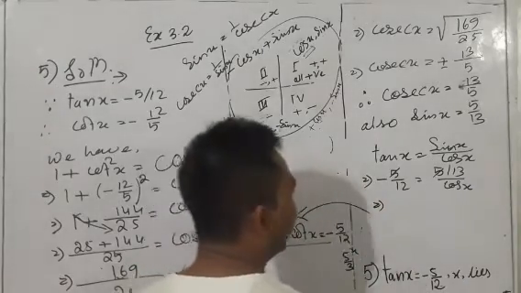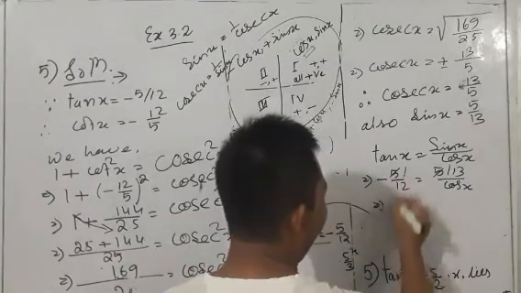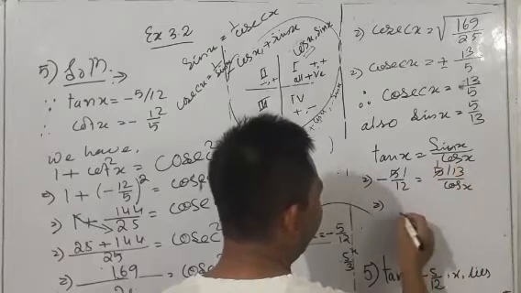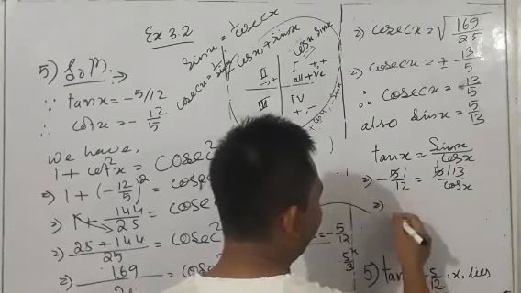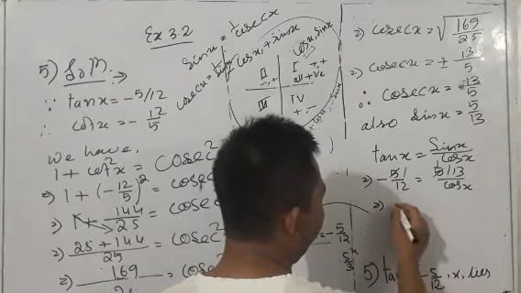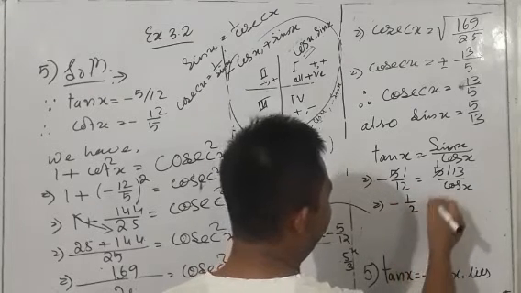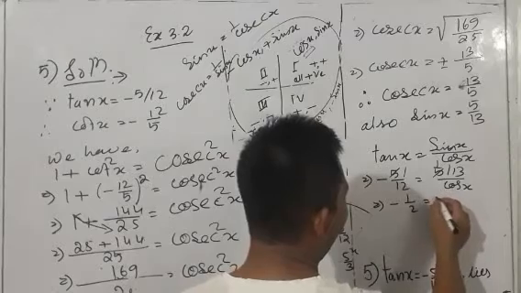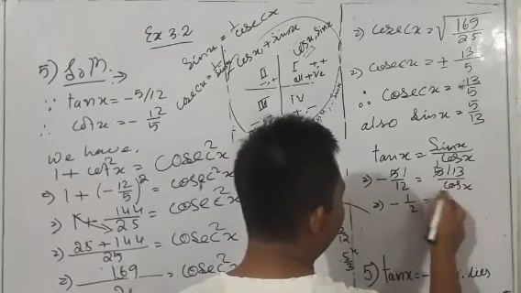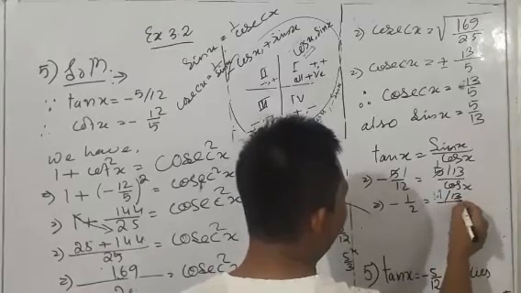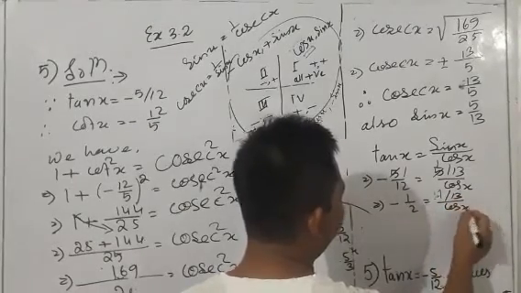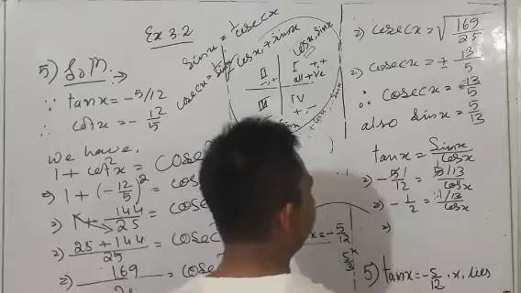And then what is that? So here 5 1 is 5, here also 1. Okay? That means it will be how much? Okay, minus 1 by 2. And then here what is that? 1 by 13, 1 by 13 upon cos x. Multiply this.